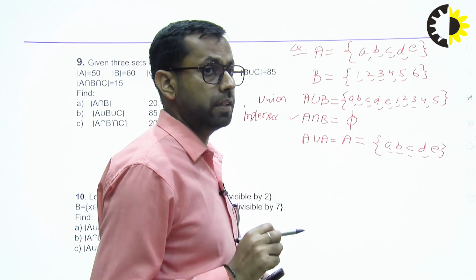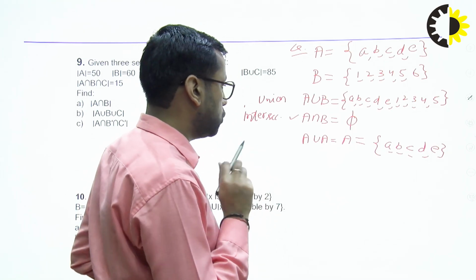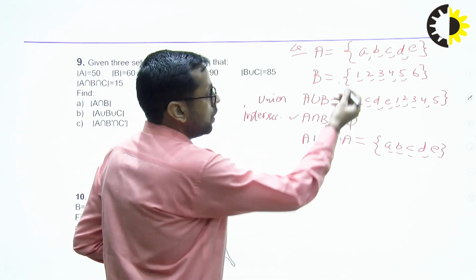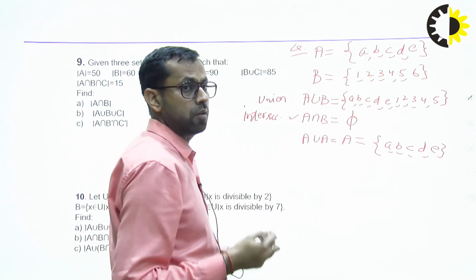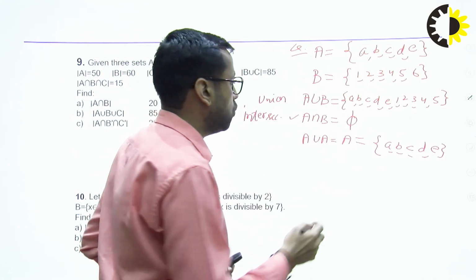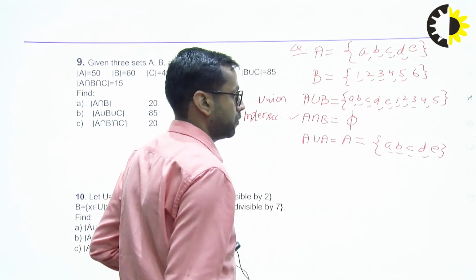One more important thing to notice: if sets A and B have no common element, we write phi. Phi means a null value.